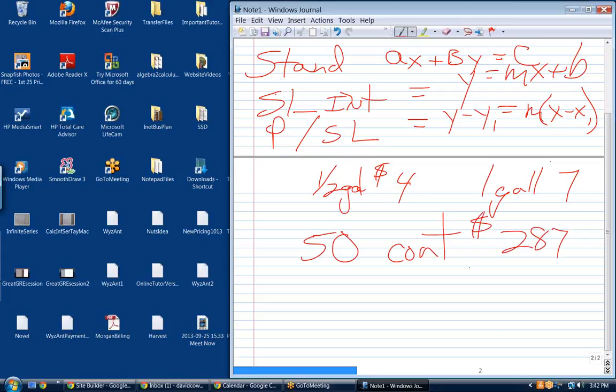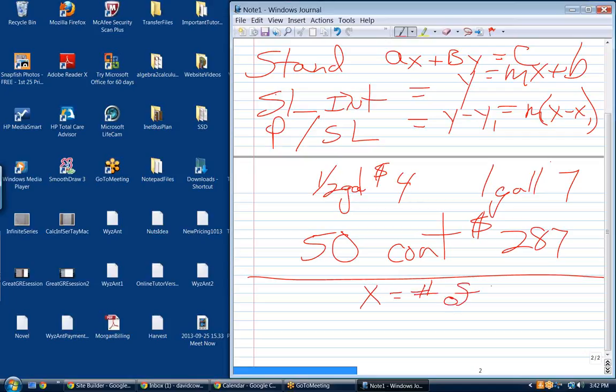What are they asking? How many of each did she sell, right? Yep, classic algebra. What's the first step of an algebra word problem? To define your variables. I guess X could stand for the number of half gallons sold. Good.